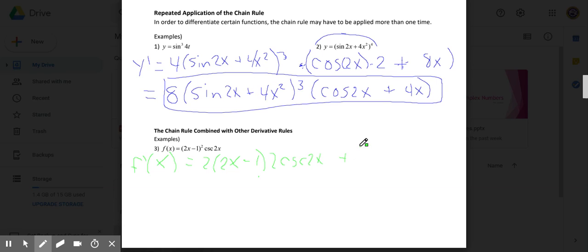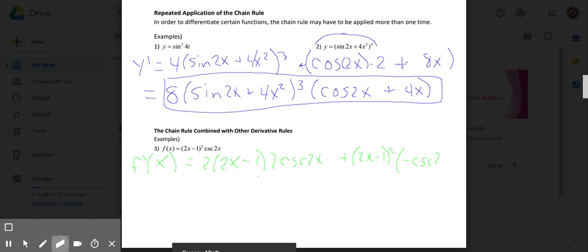Plus the first times the derivative of the second, which is negative cosecant. Oops, sorry. That is not the derivative.